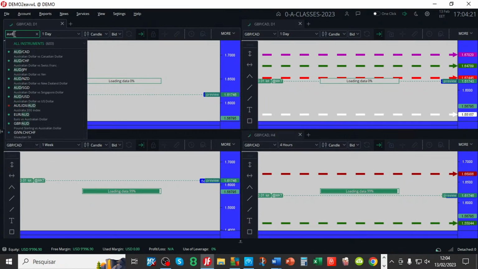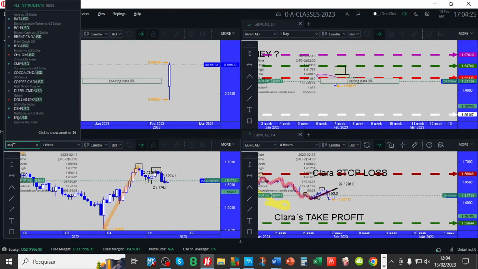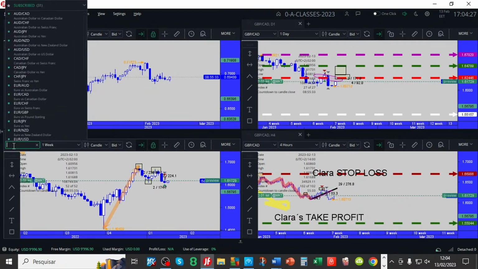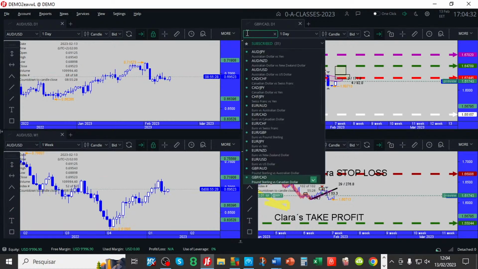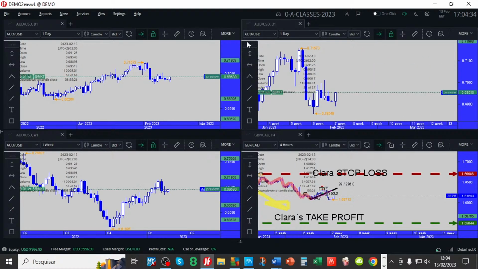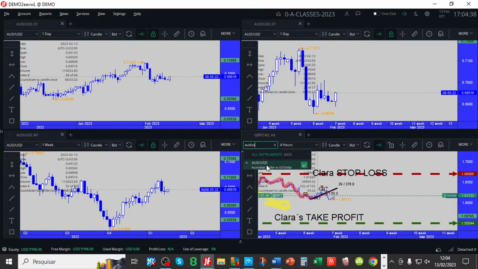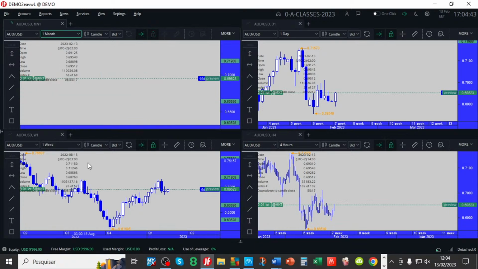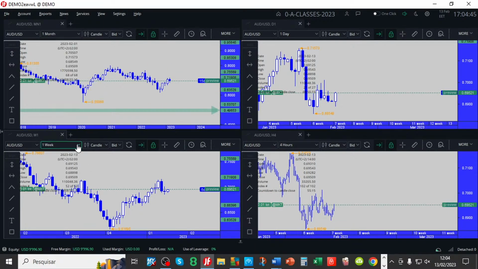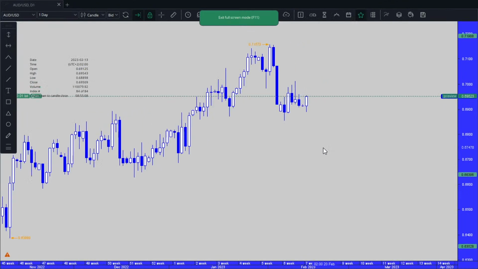Everybody, so far you should have the 4 charts saved for AUD USD. Left up corner the monthly, left down corner the weekly, right up corner the daily, and there you go.